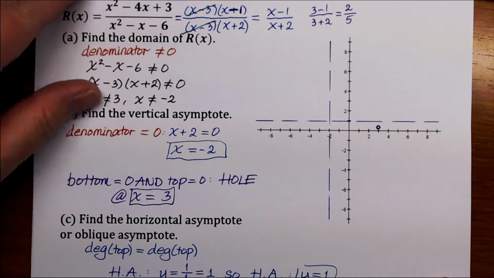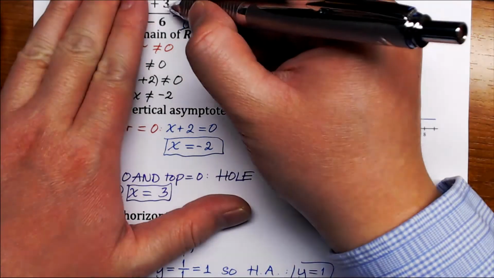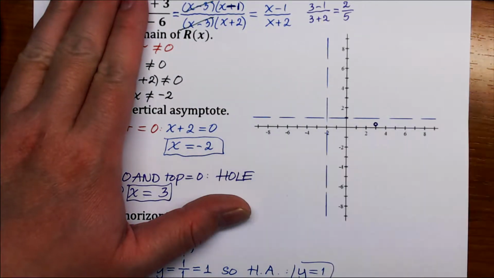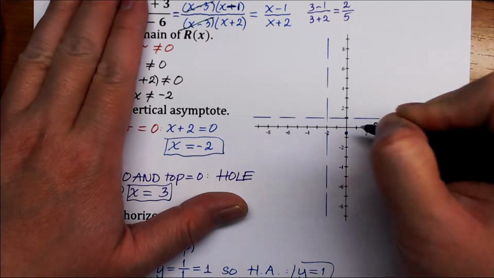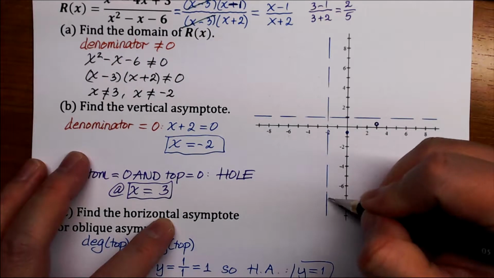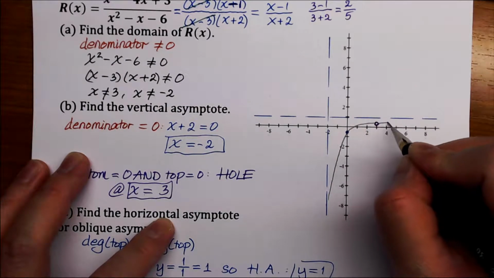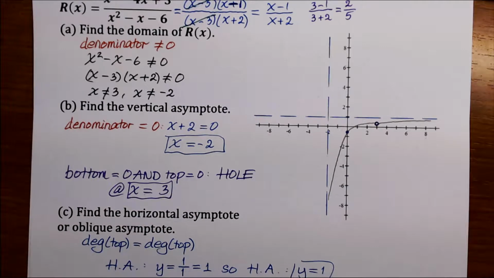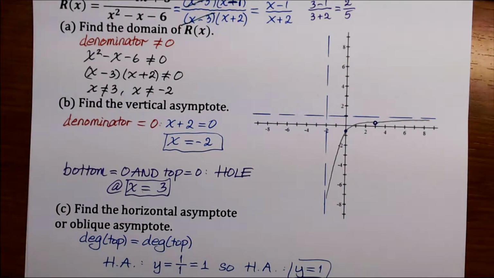We just let 1 divided by 1. Coefficient of x squared is 1, coefficient of x squared is 1, 1 over 1 is 1. So we have horizontal asymptote y equal to 1, and vertical asymptote at negative 2, a hole at 3.